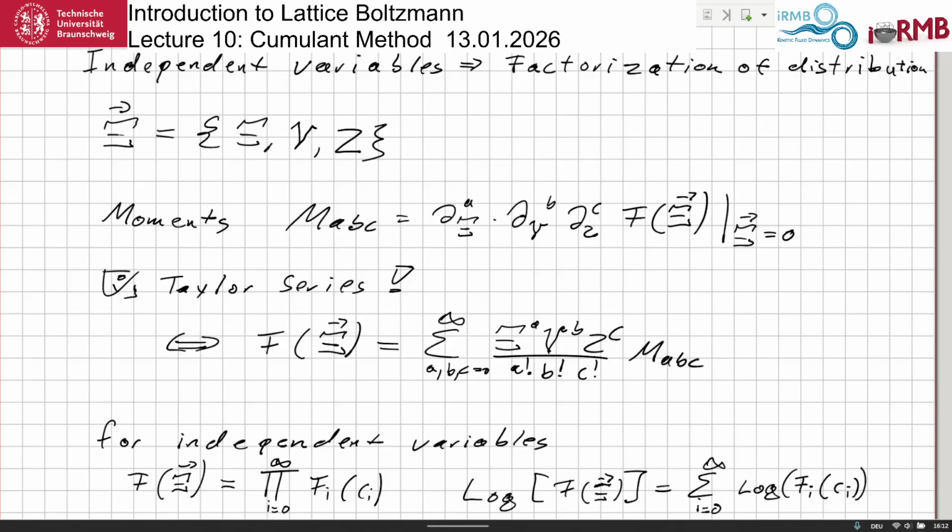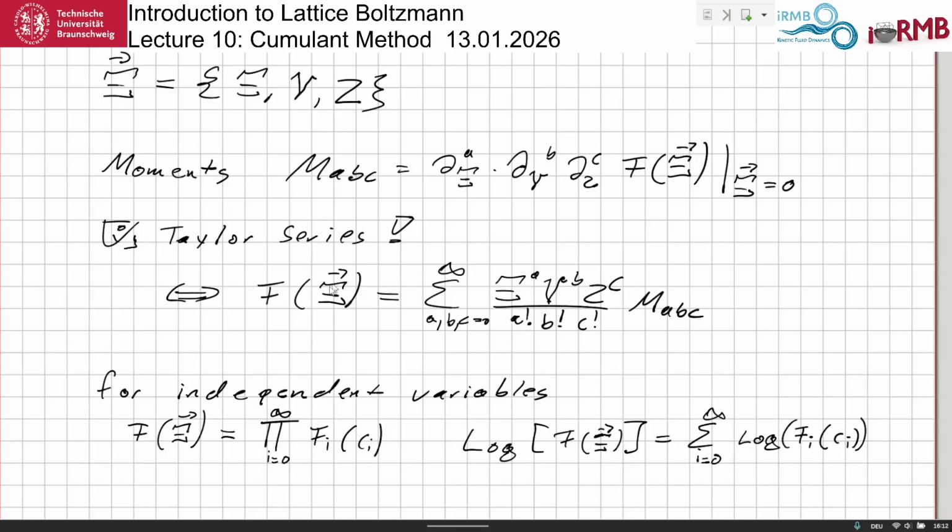So what is the implication? If we do a Taylor series expansion, not of f, but of the logarithm of f, the things here should be independent variables. They have the property by which we define independence.